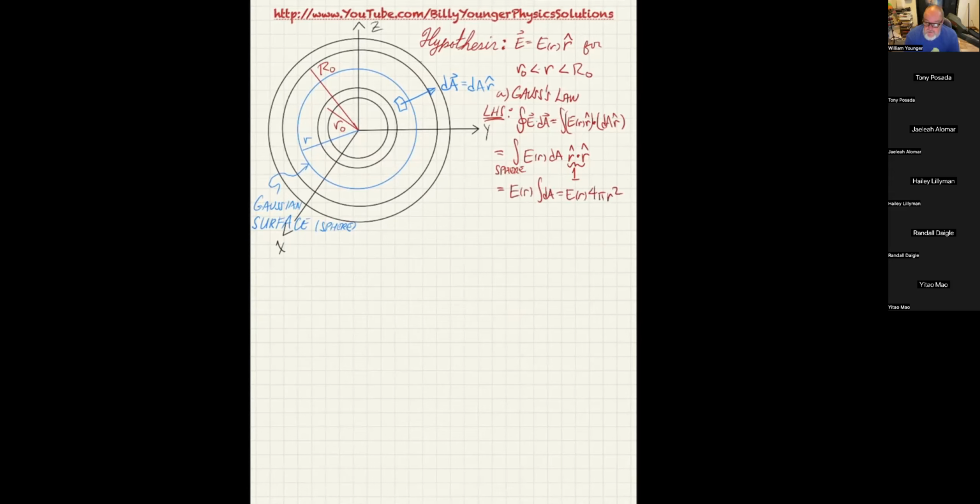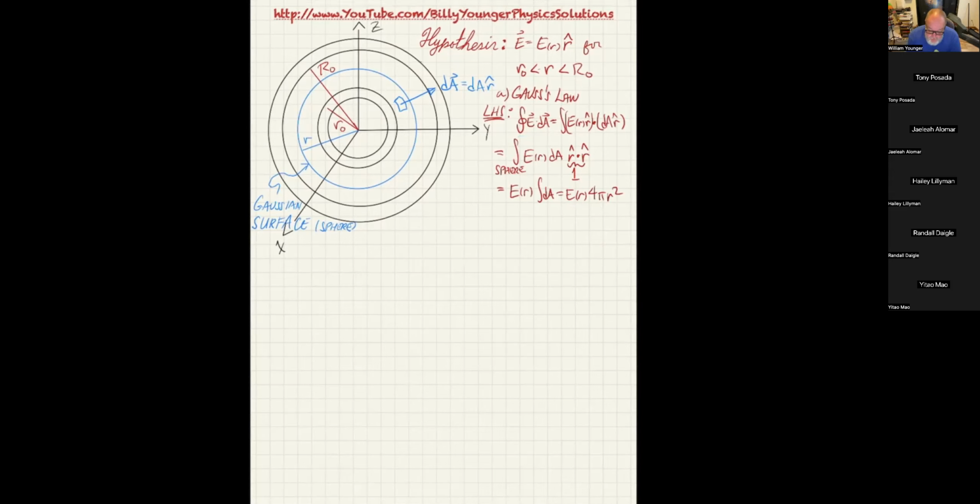So that's my left-hand side. Does everybody get that? I was explaining all the gory details that go into that left-hand side. You can literally jump from this part to this part, and that'll be just fine.